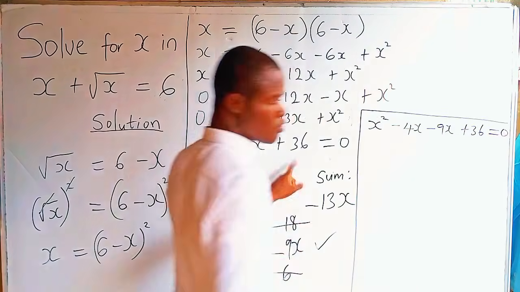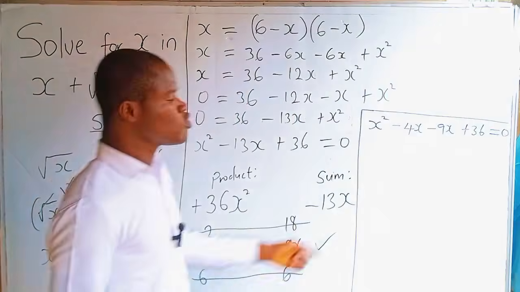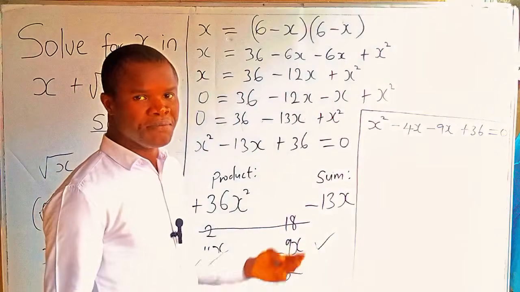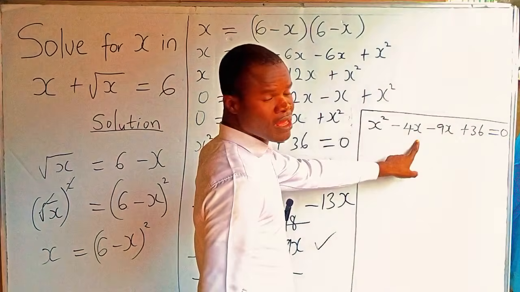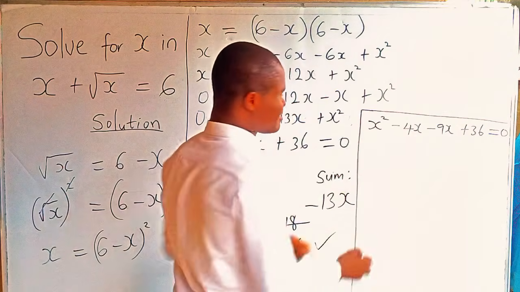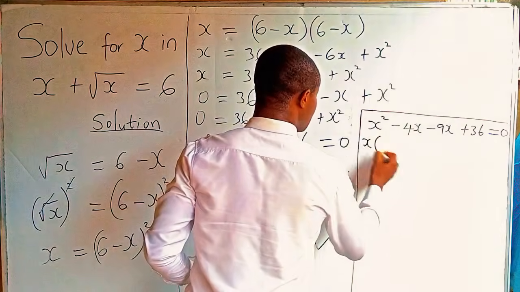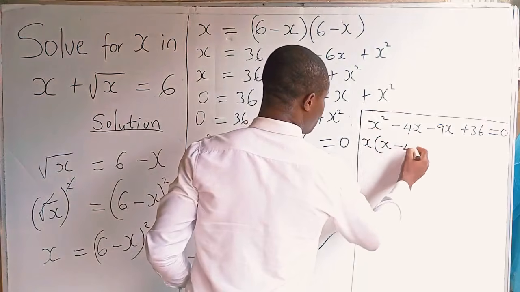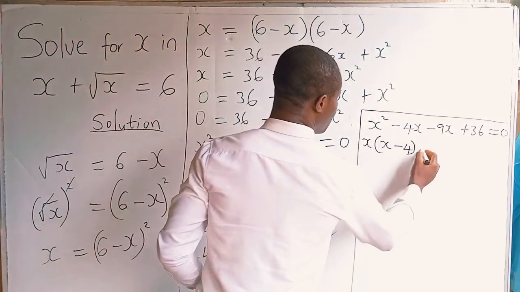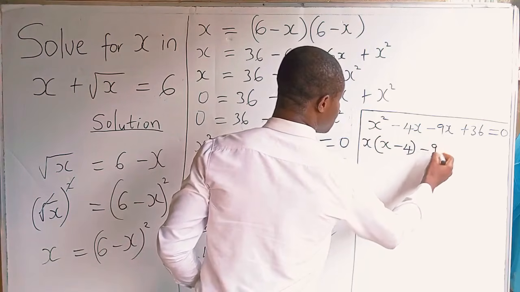equal to 0. Okay, so the next thing I'm going to do is to factorize in pairs. So this is x squared, this is minus 4x. What is common here is x. So bring out x outside. What remains here is x minus what remains here is 4. Then minus, factor out 9.